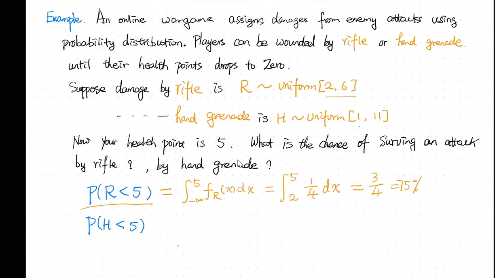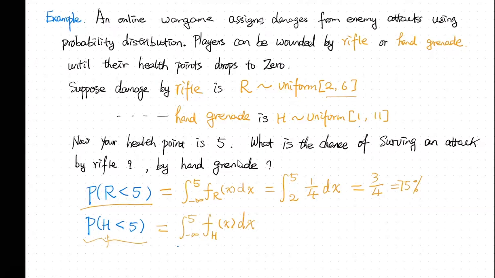And similarly, for a hand grenade, the probability of surviving a hand grenade attack is the probability that H is less than 5, and that can be obtained in a similar way, except that we use the probability density function for the hand grenade damage instead of that for the rifle damage.